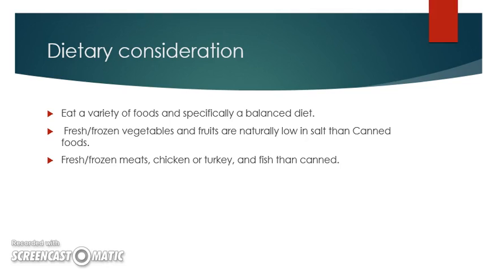They can also have plenty of fresh and frozen meats, chicken, turkey, and fish. But just make sure they don't have canned foods, because canned foods are high in sodium. As we know, preservatives are usually added, and preservatives contain sodium. So just make sure they don't have canned food in their diet.